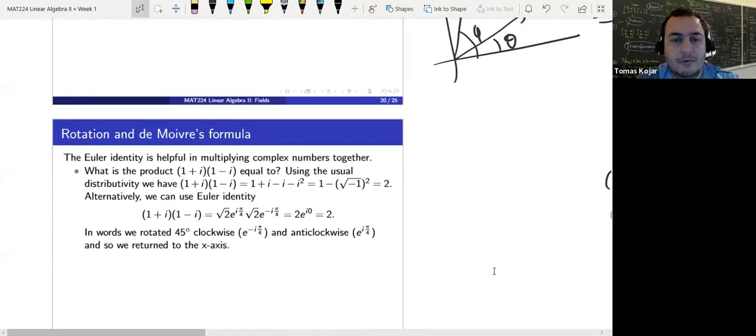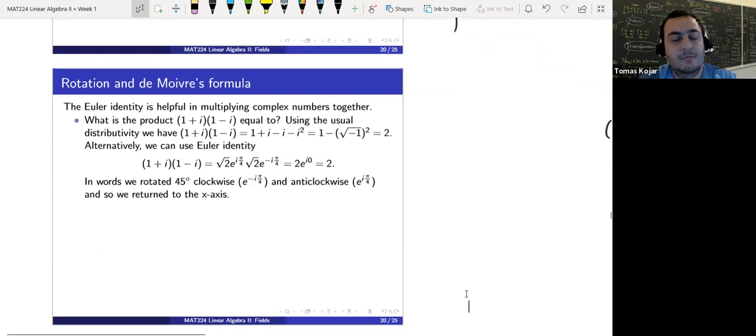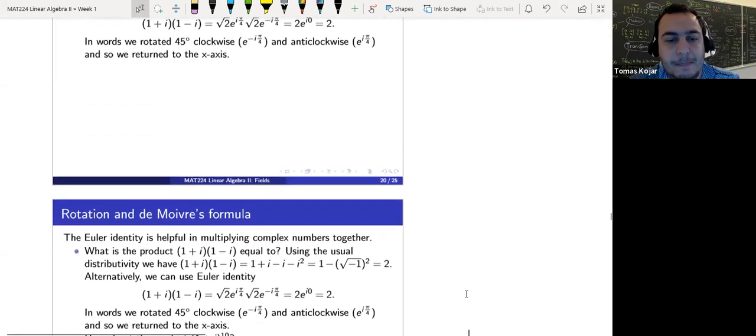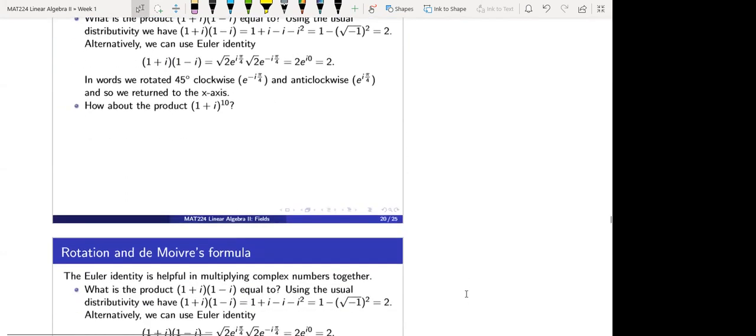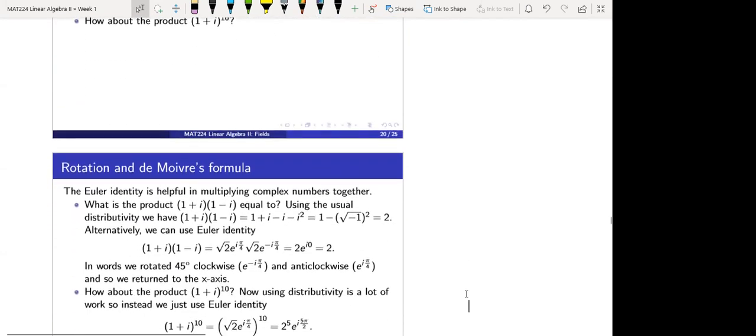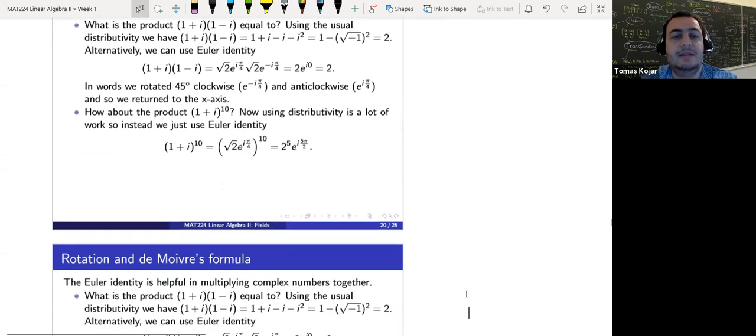All right, so that's a way to see complex numbers. We just add their angles. That's the intuition there. And I have another one with high powers. This is done in your book.